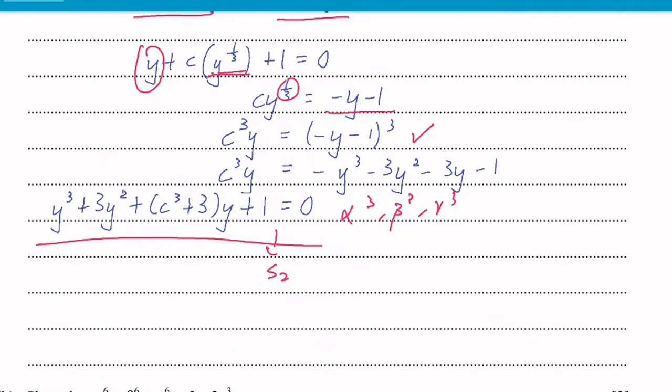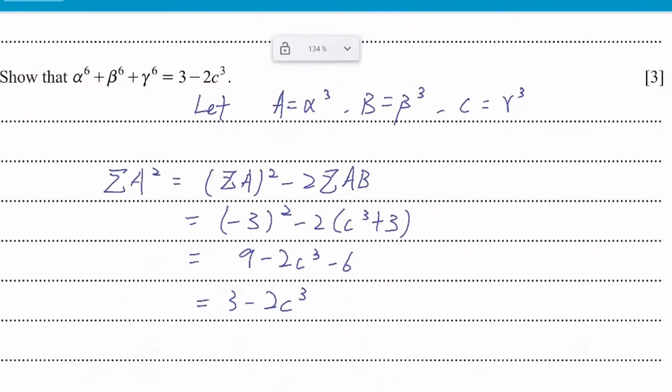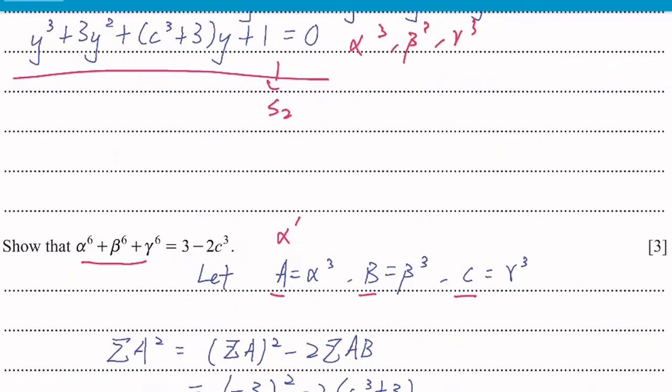It's the same thing that I usually do: I call the new roots capital A, B, and C. Some books like to use primes as well, it's up to you. So this is to find the sum of squares from the new equation. Just substitute the values: this is the sum of A squared minus 2 sum of AB.